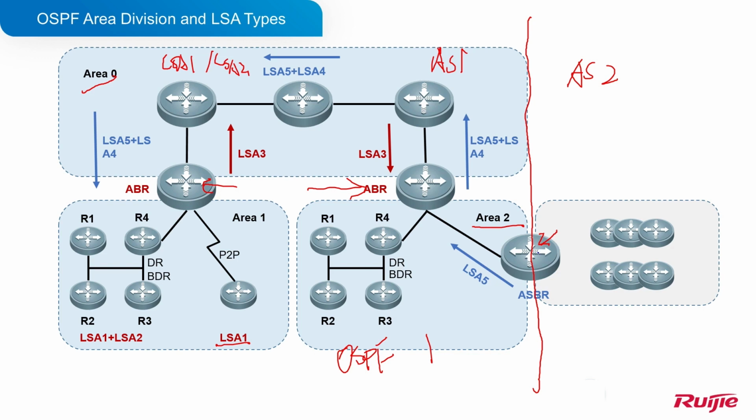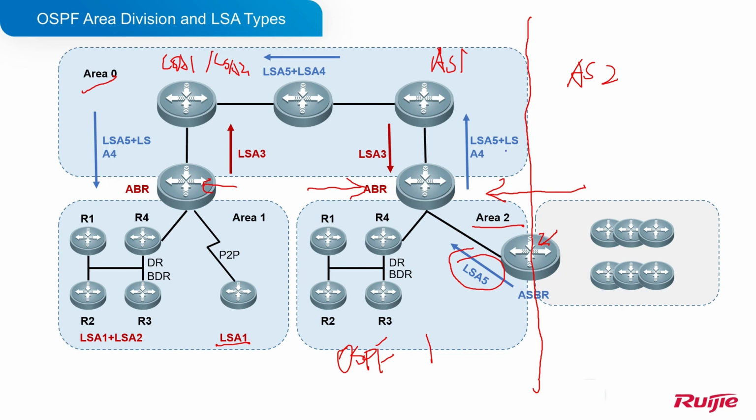And for the ASBR device, the information it wants to transmit into OSPF process 1 is carried in LSA 5 information. Okay, and then the LSA 5 information from the non-backbone area will be transmitted to the backbone area, to area 0.